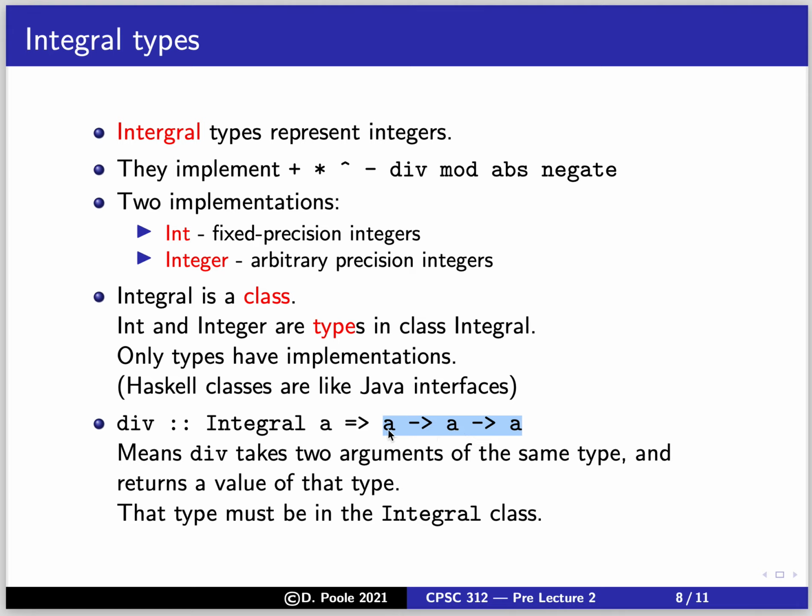This is a function that takes something of type A and something else of type A and returns something of type A. Now this type A is going to be a type in this type definition, but the type has to be in the integral class. That's what this means: div takes two arguments of the same type and returns a value of that type, and the type must be in the integral class.